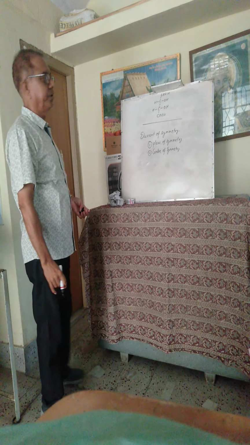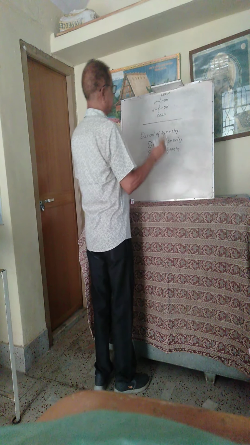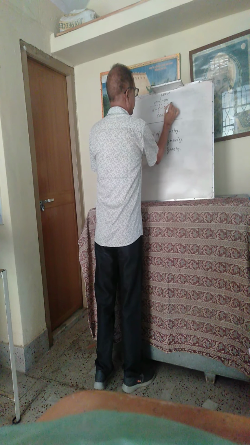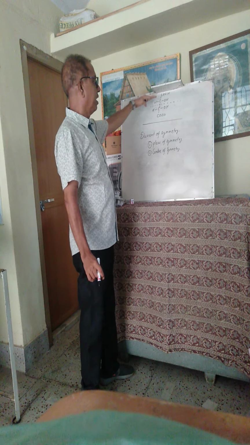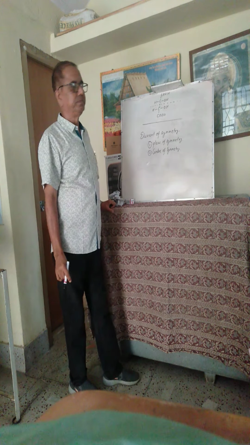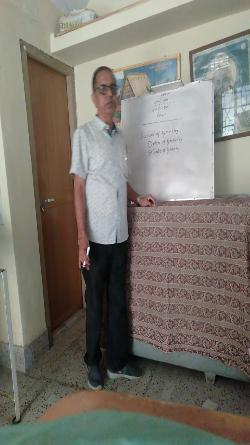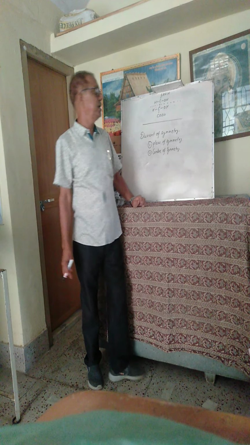Now, if an imaginary symmetrical plane bisects this compound into two parts, and the first half and the second half are mirror images of each other, then this hypothetical plane, which divides an organic compound into two symmetrical parts, is called the plane of symmetry.